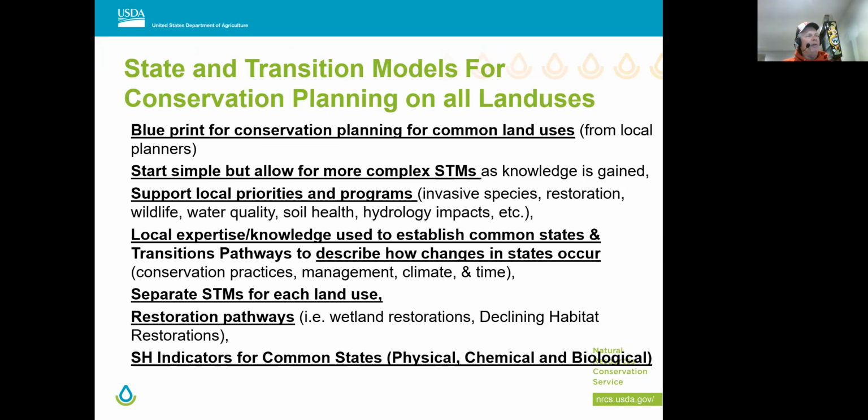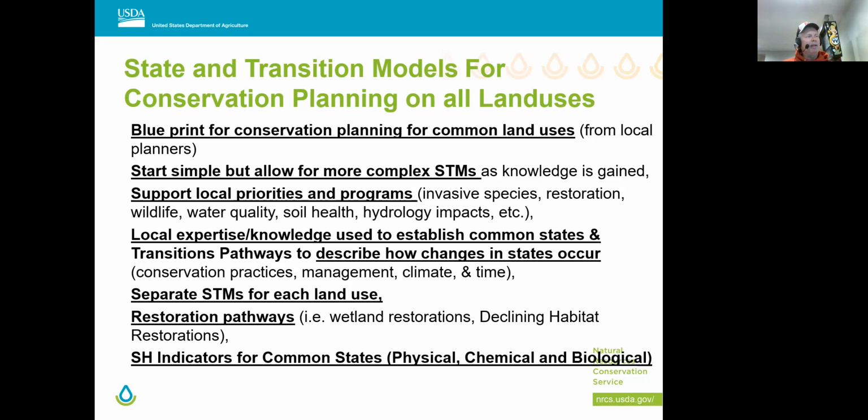They support local priorities and programs such as invasive species, restoration of declining habitats, soil health, water quality, whatever that local priority is. Local expertise and knowledge can be gained from common pathways in states. They describe how management and conservation practices put together in a system would occur over space and time.